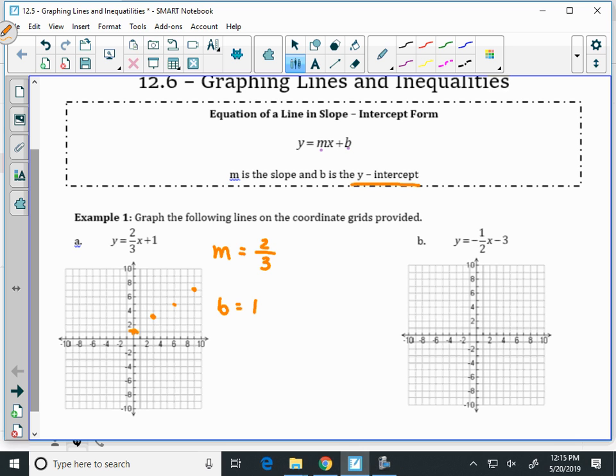Then you go the opposite direction. If we went up and right, what direction can you go? We went up and right, so we're going to go down and left. So up 2 right 3, we're going to go down 2 left 3.